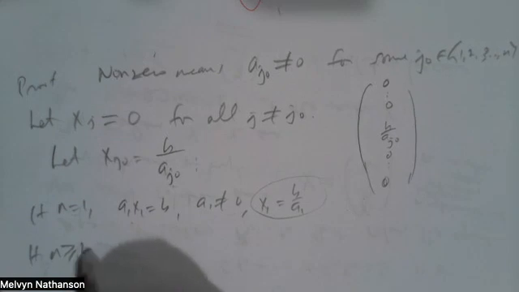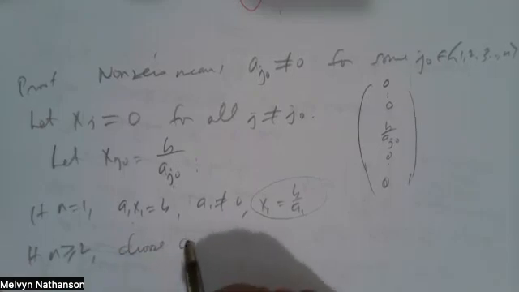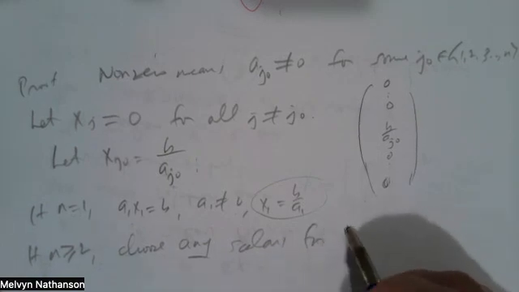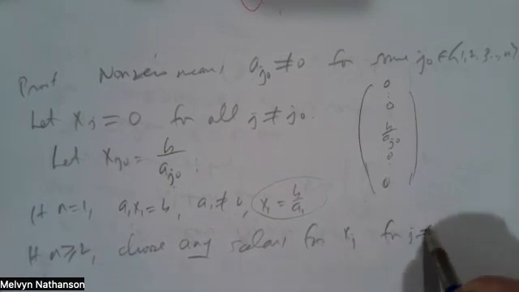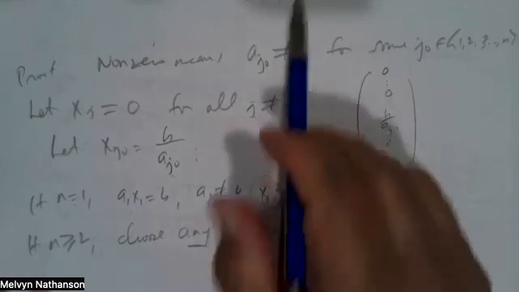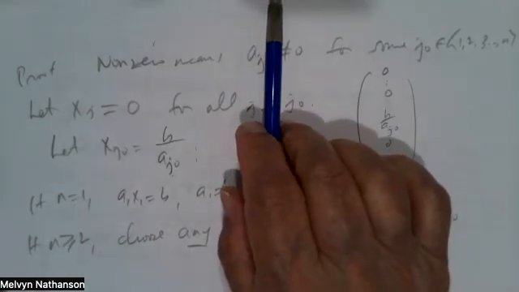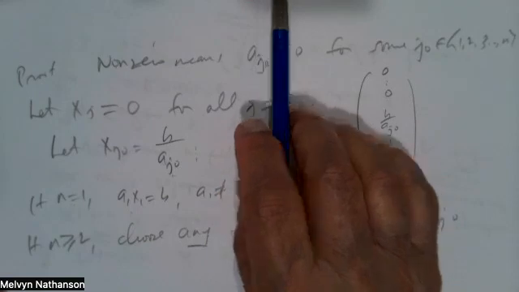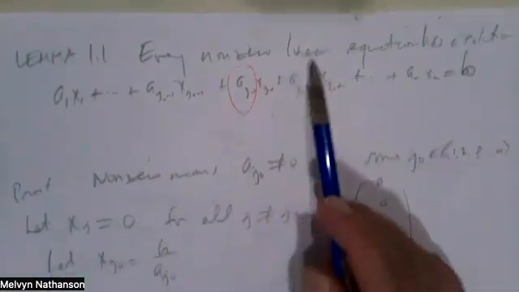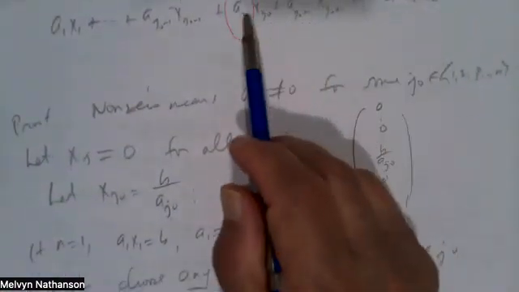If n is at least 2, then choose any scalars for the variable x sub j for all the j different from j naught. And then I claim we can get a solution by picking the right value for the variable x sub j naught. Namely, do what you learned in high school algebra. Let me write it out here.